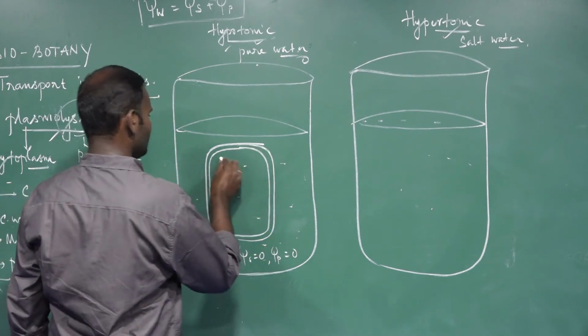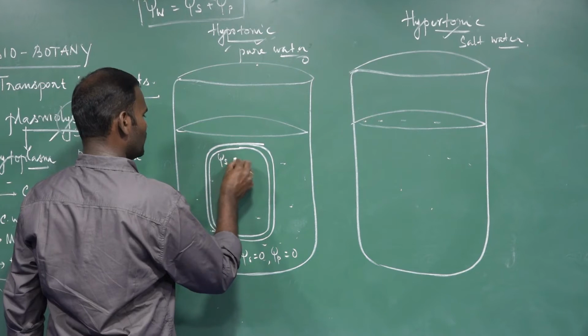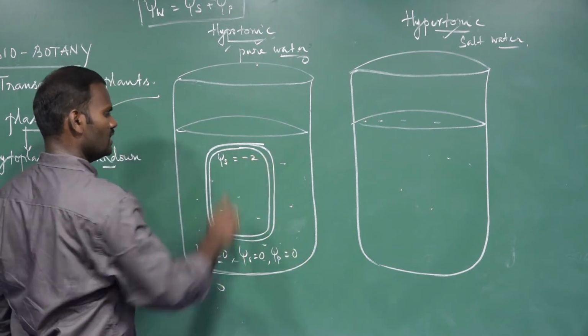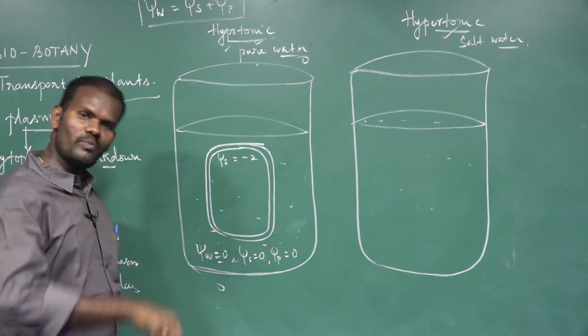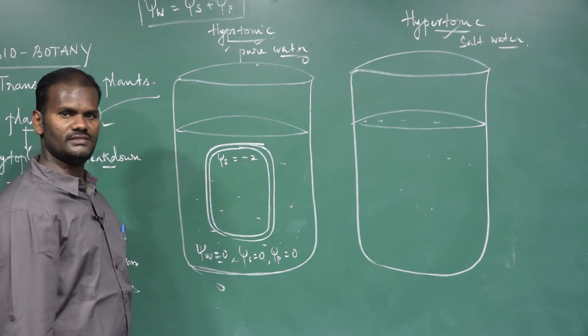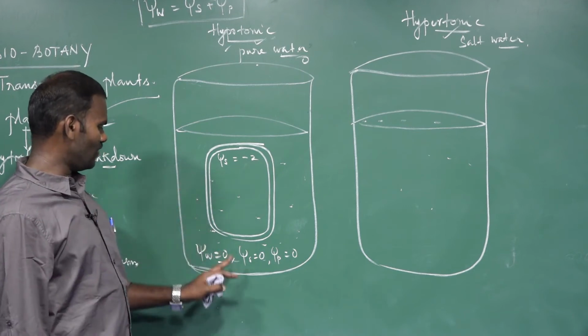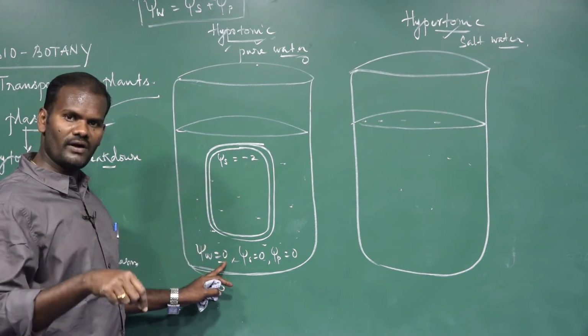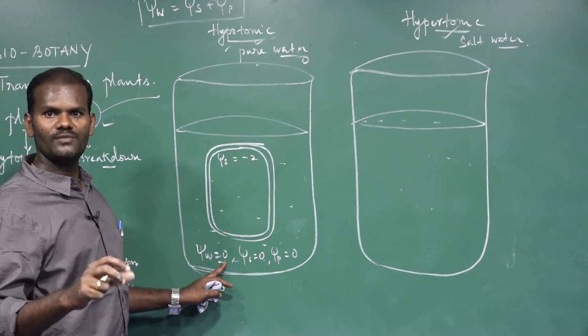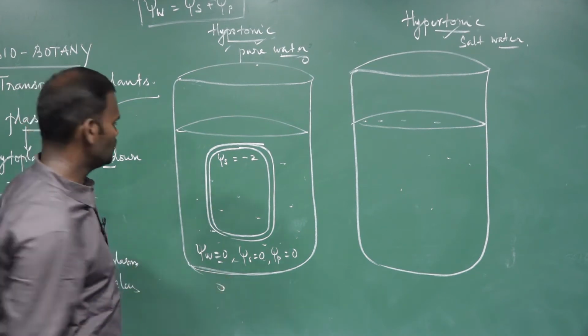Inside the cell, solute potential is equal to -2. Because if we add any solute particle, that reduces the water potential, increases the solute potential. So the maximum of water potential is 0. If we add any solute particle, that reduces the free energy of molecules, the value becomes 0 to negative value.